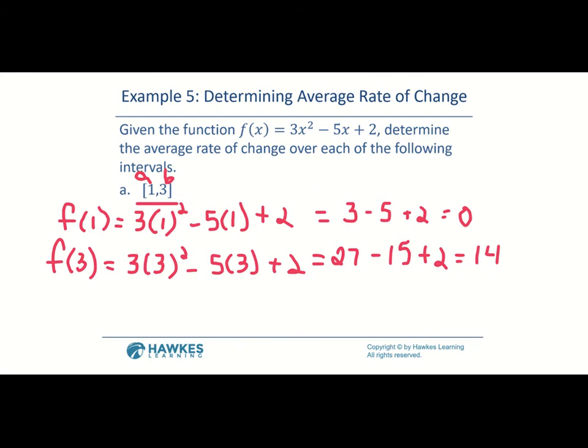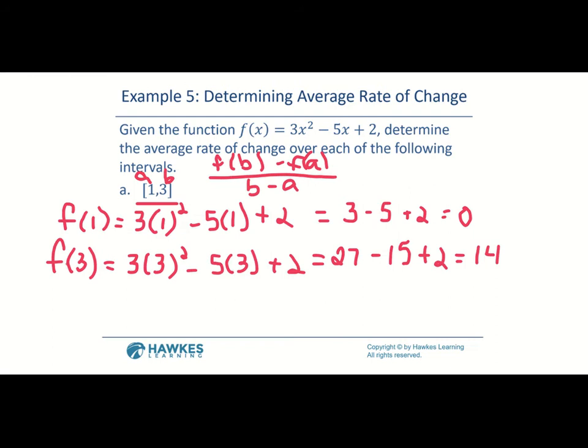So remember, for the average rate of change, it is f of B minus f of A over B minus A. f of B was 14.